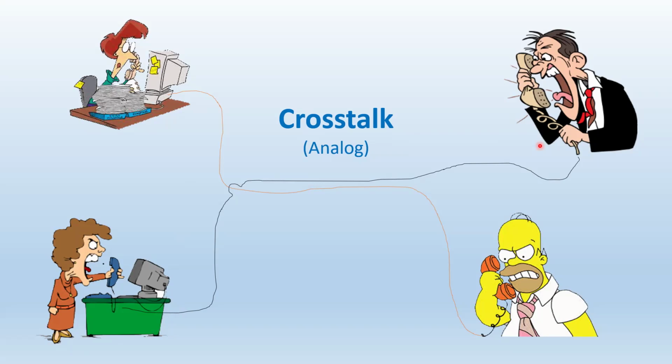Sometimes it would be so strong that if you speak, they would hear you. Sometimes you would hear them, but if you talk to them, they will not hear you. Crosstalk would manifest itself in funny ways. But that's what crosstalk is.